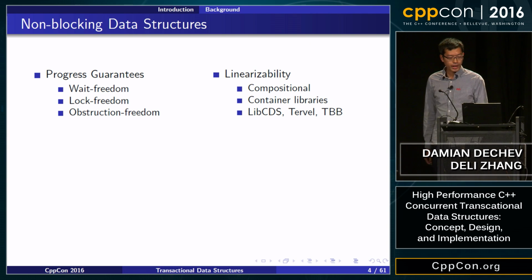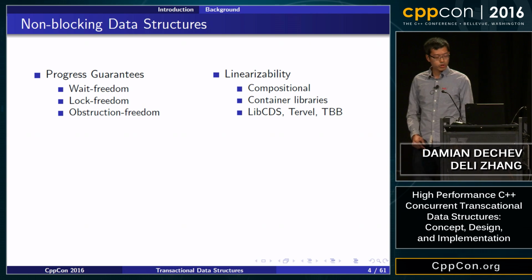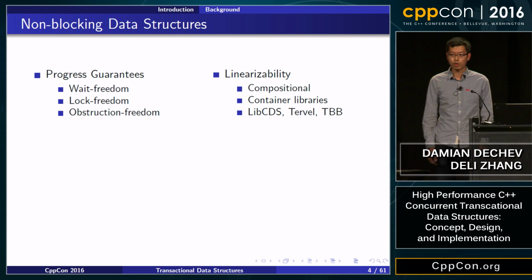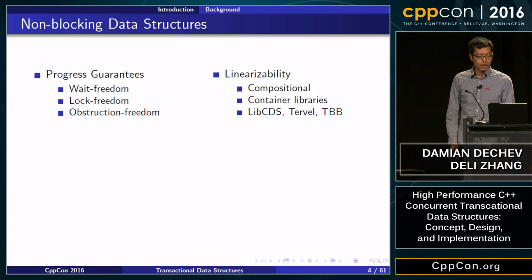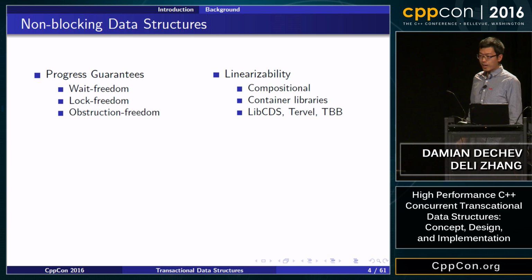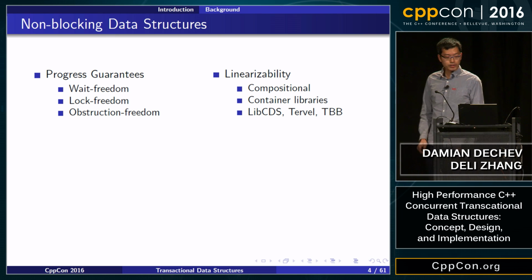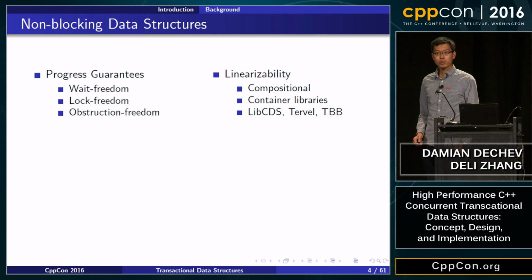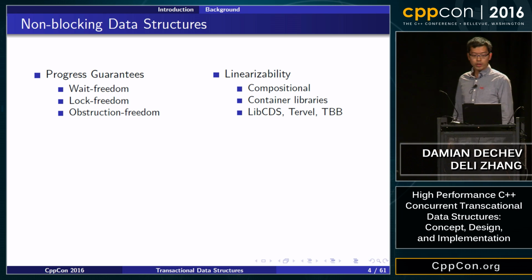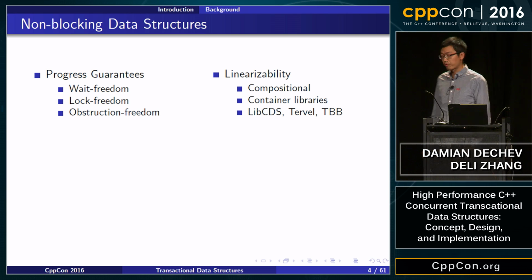For the past two decades, researchers have been proposing a large number of non-blocking data structures. Besides the great scalability, the most appealing aspect of them is that they support strong progress guarantees, such as wait freedom, lock freedom, and obstruction freedom.